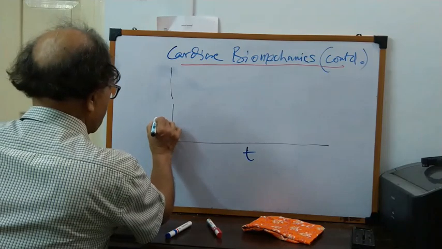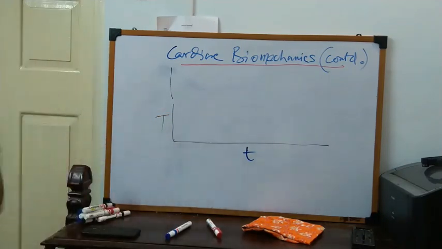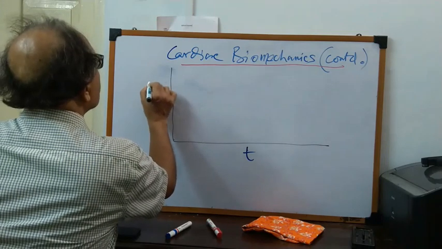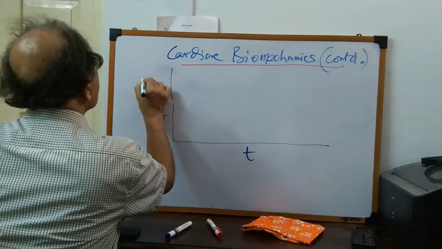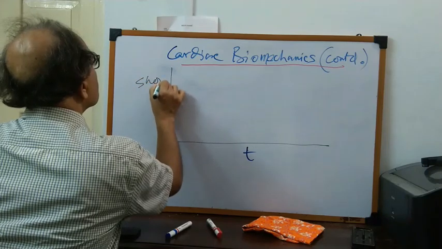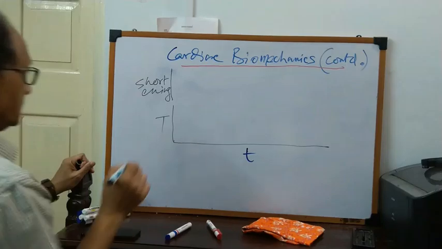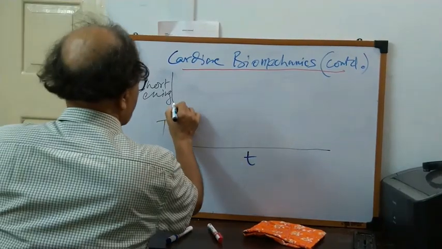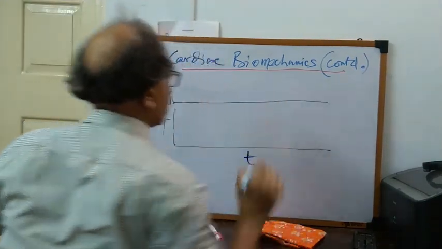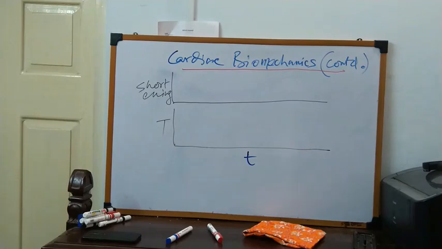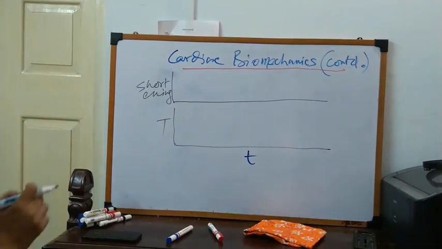Suppose this is tension, right? And here we are showing the shortening. So there are two scales: one is shortening and another is tension.